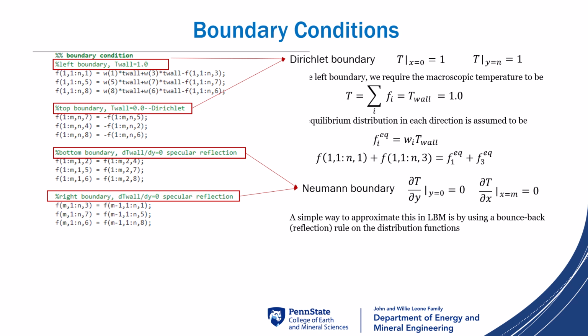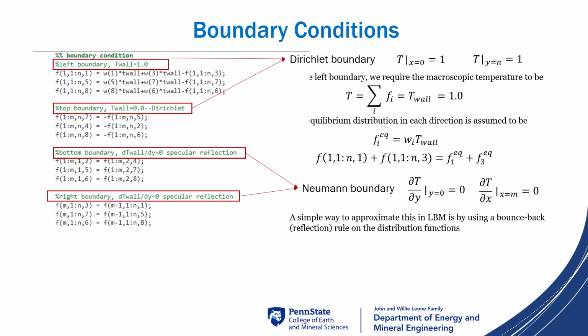Now let's move to the top boundary, which is also a Dirichlet condition, but with a fixed temperature of 0. Since there is no thermal energy coming in from this boundary, we reflect the outgoing particle distribution back into the domain with a minus sign.